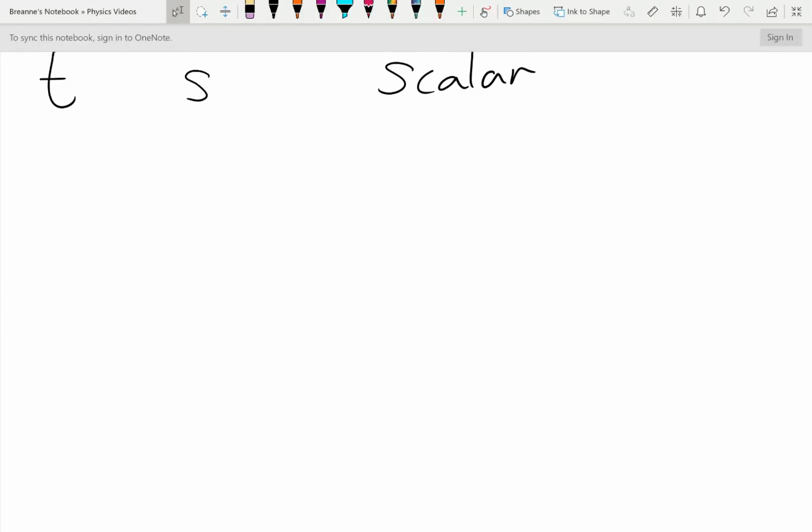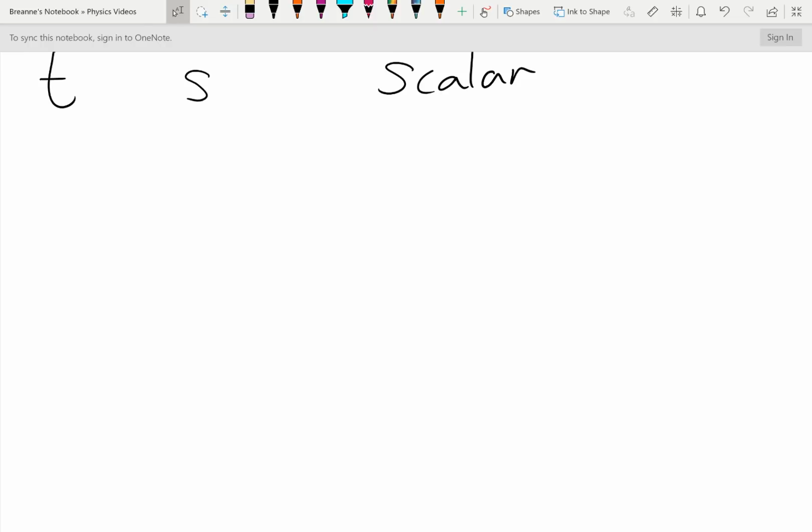So if we scroll down to Unit 3 in our review, the first question is, when you travel 50 kilometers to the east and then 20 kilometers to the west, what is your total distance traveled? Key thing is distance is a scalar.